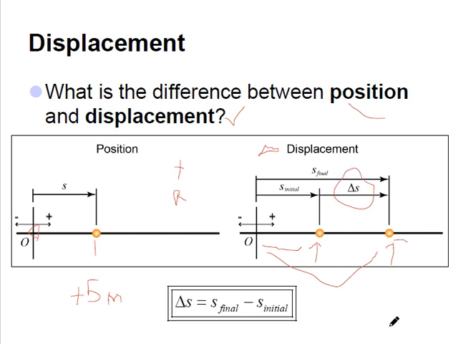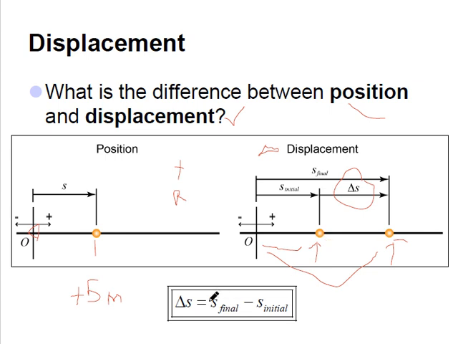See the change. Mathematically we define that change in this way. Put it in a math equation. So the change in position, which is displacement of this particle in this interval, is your final position minus initial position.